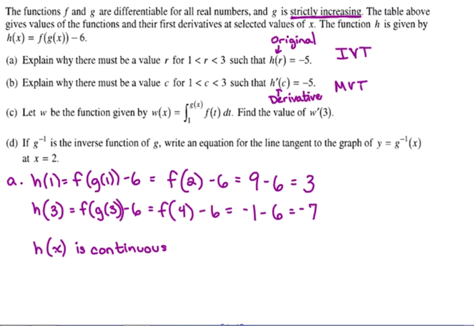H is continuous and h of 3 is less than -5, which is less than h of 1.